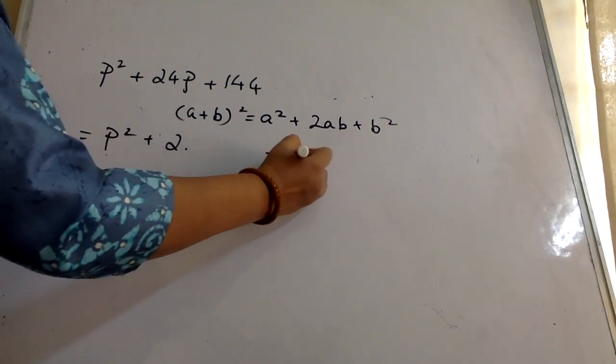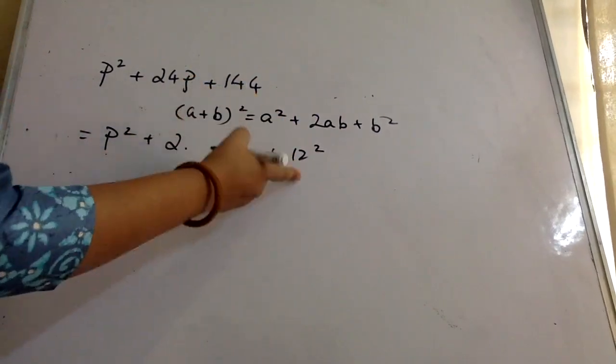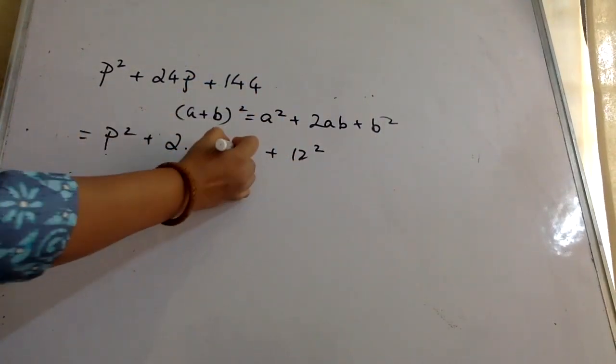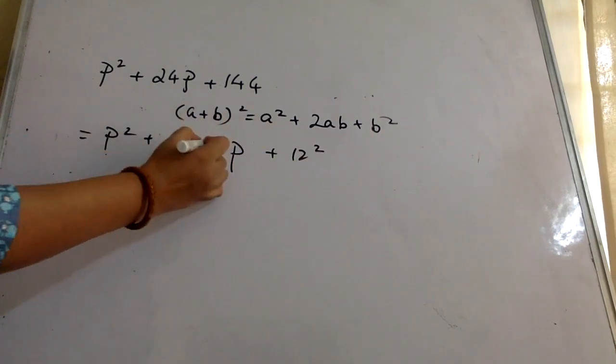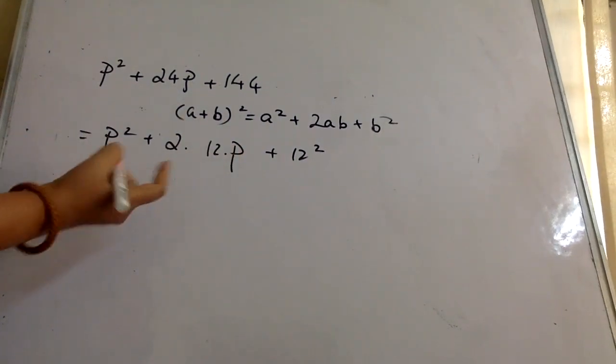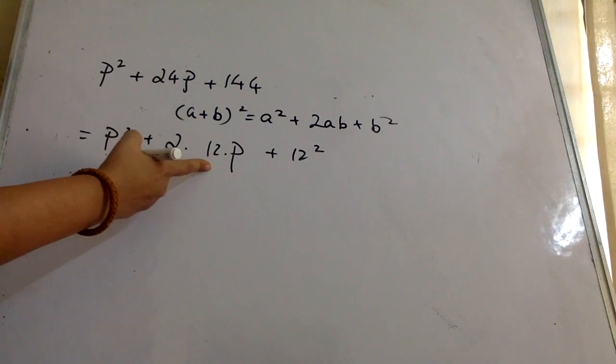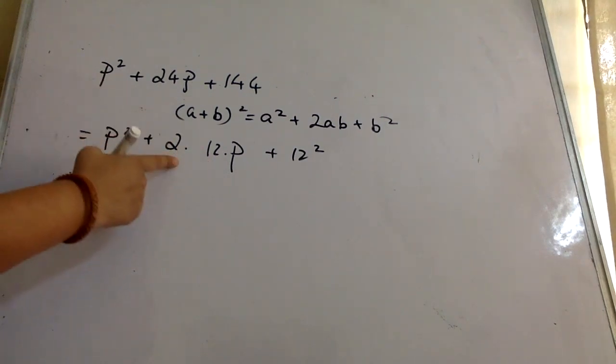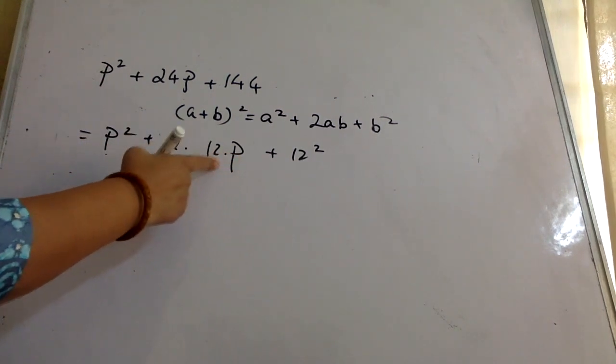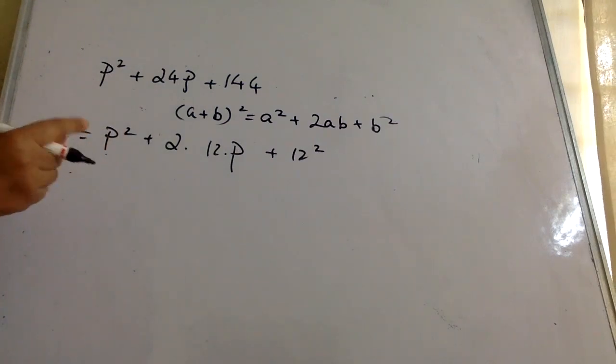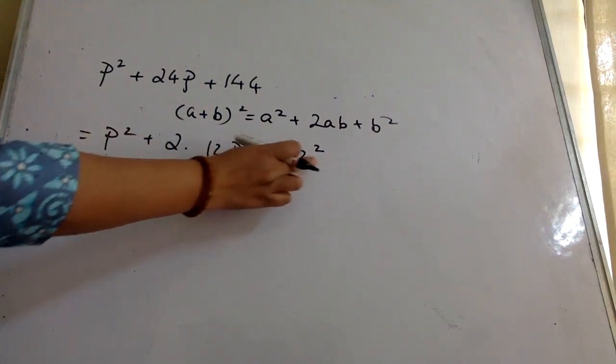Here 144 is 12 square, then 2, then p, and the 12, so 12 into 2 is 24. So here we have 2ab, or ba, it is the same thing, plus b square.